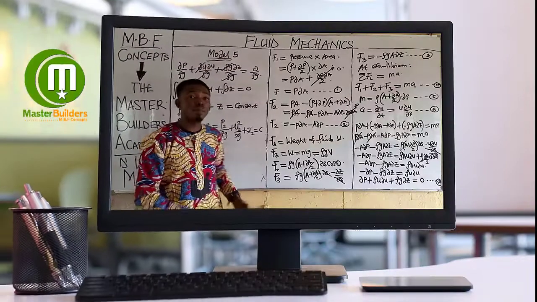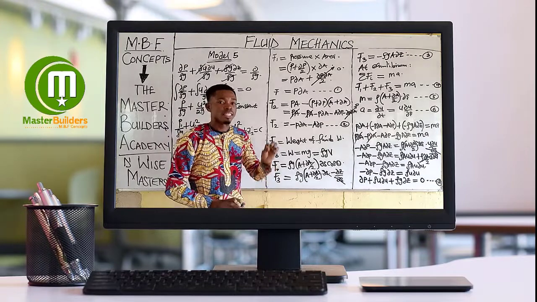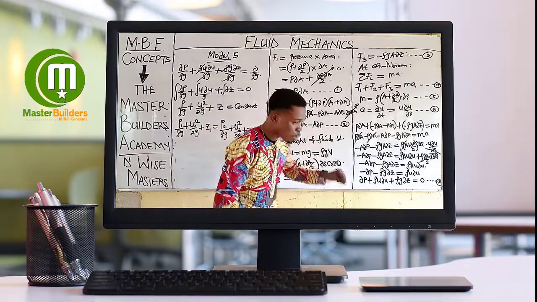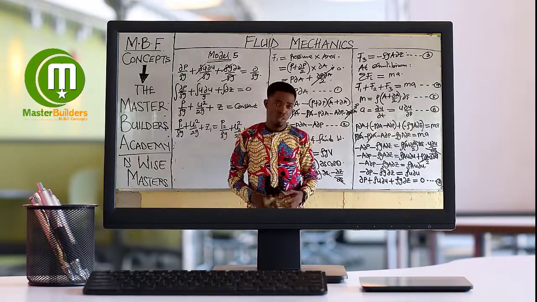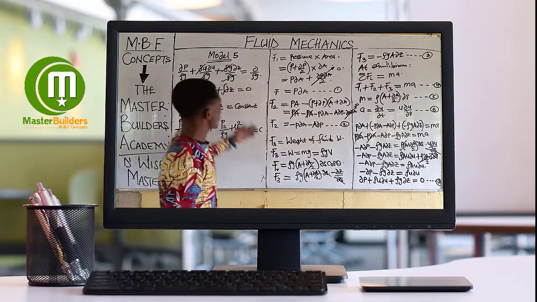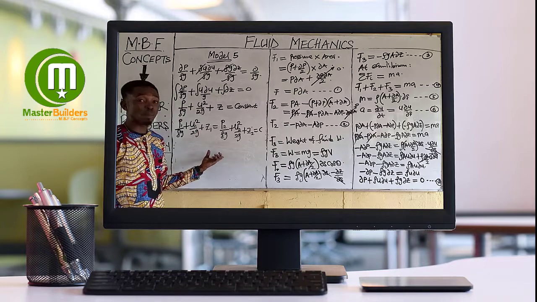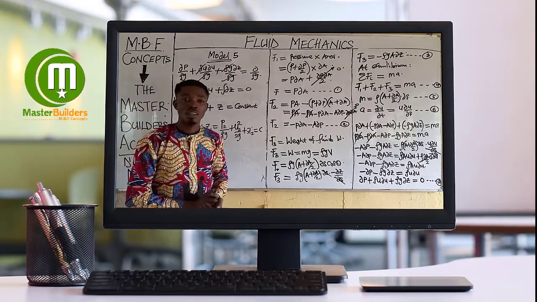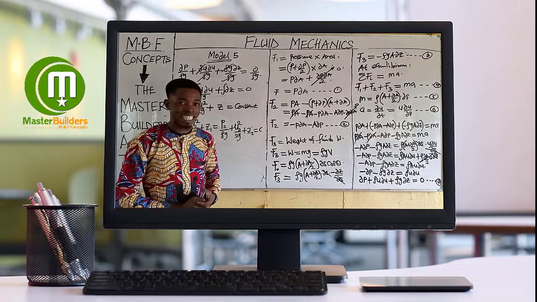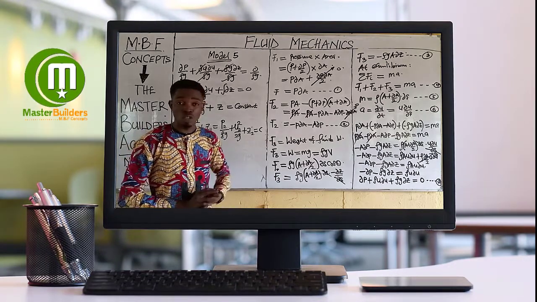Now at this point, we have been able to derive the Bernoulli's equation for steady state flow. So if you are given this in exam, this is how you go through the process of deriving the equation of flow by Bernoulli's equation.